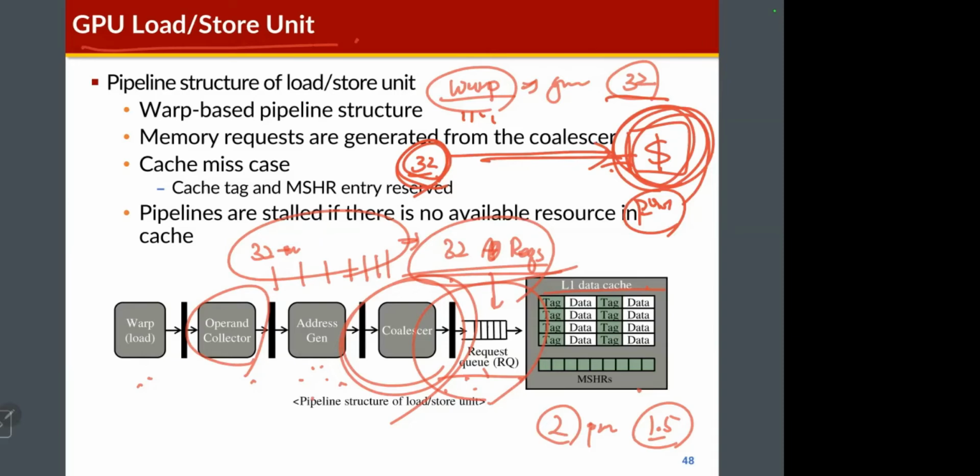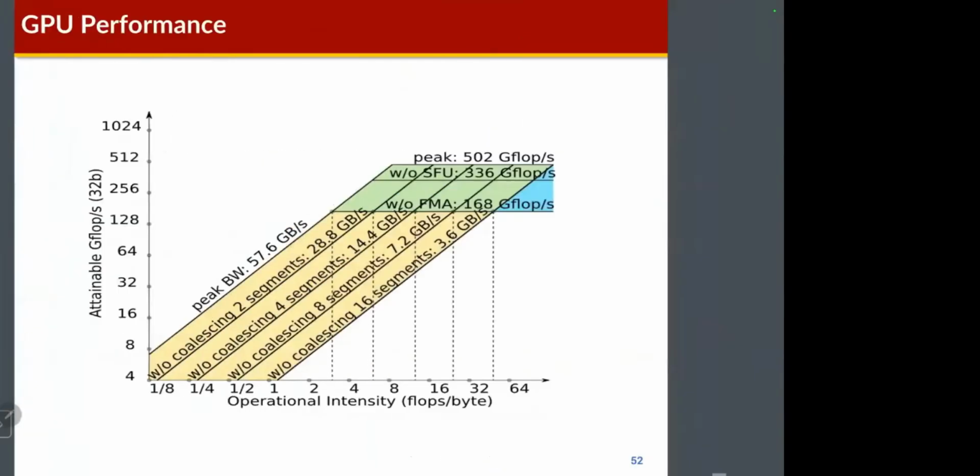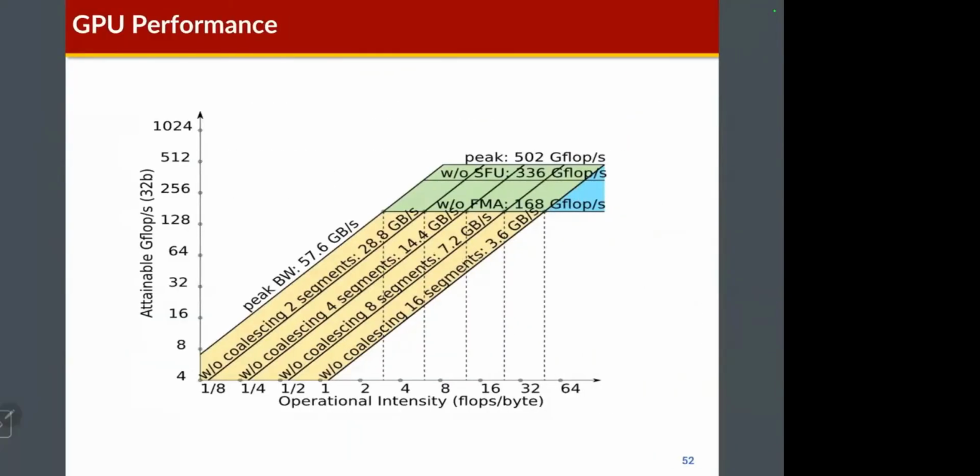I will show the roofline diagram of the GPU, which shows the performance effect of memory coalescing. In the roofline diagram, the slope is determined by memory bandwidth, and the horizontal line is determined by computation performance.